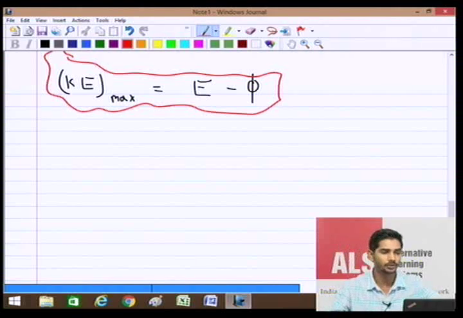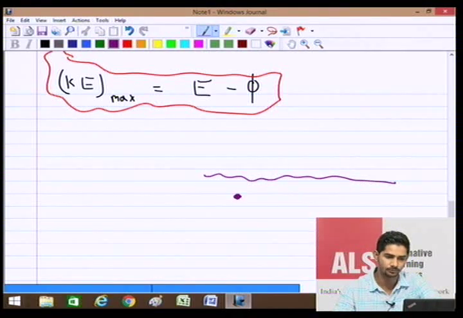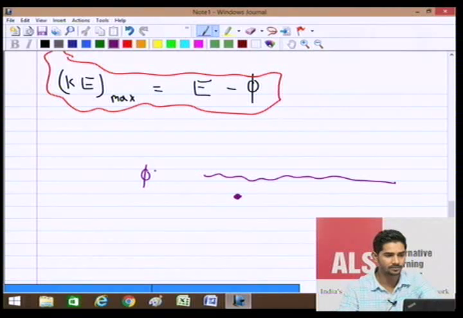Okay, so guys, look at this. This is your metal surface, and here an electron is moving. Let's suppose the work function of the metal surface is 500 joule. Please do not copy this.